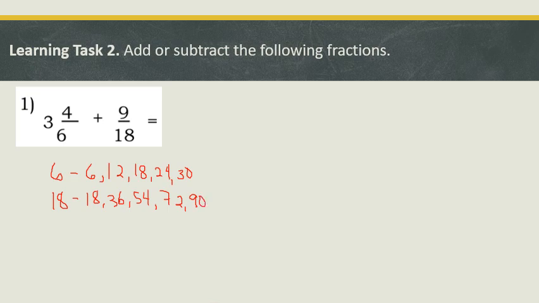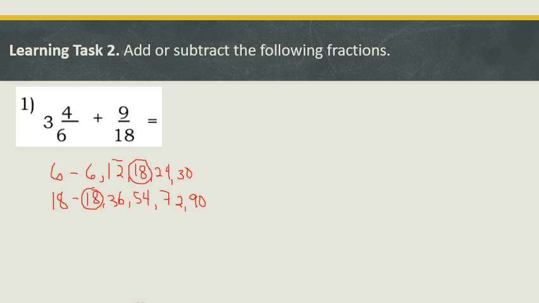Okay, hanap tayo dito. Alin po ba dito ang pinakamababang magkatulad sila? Yung 18. Okay, ito po ang kanilang LCD. Kaya ito ay magiging 18. Dito muna natin isulat sa baba.